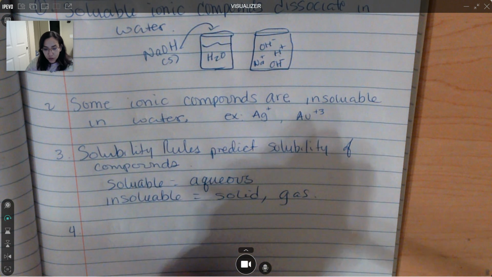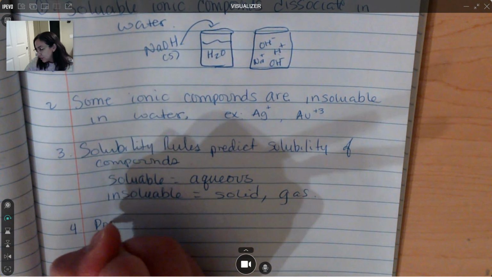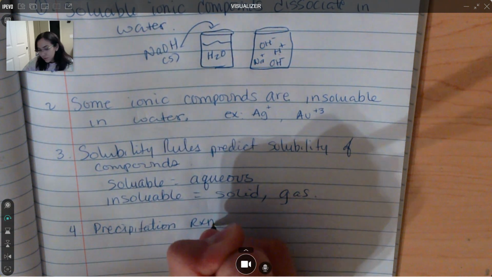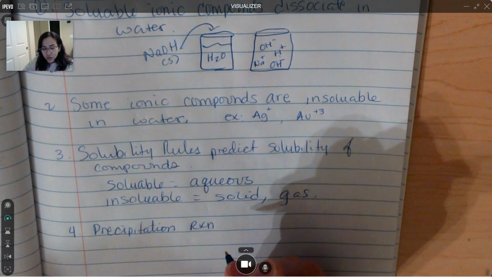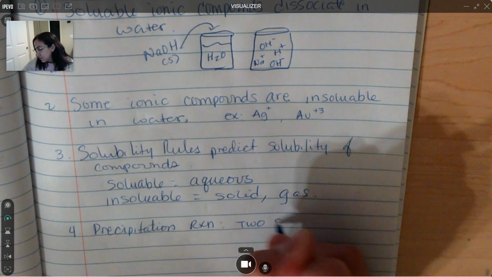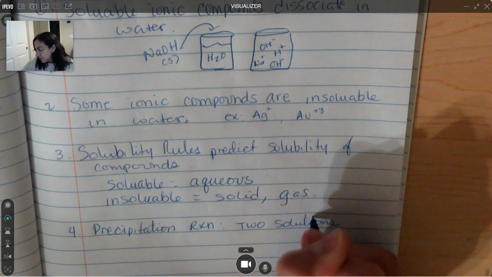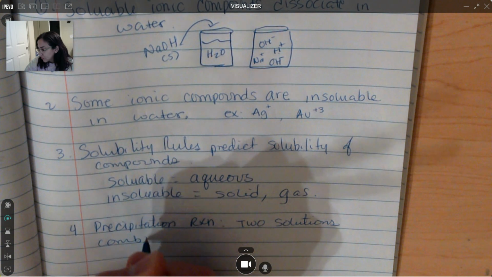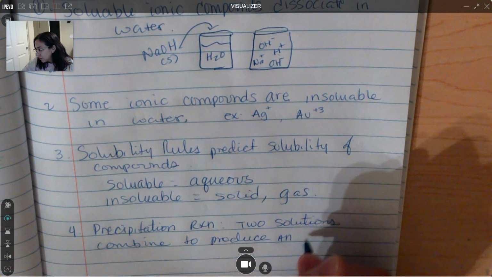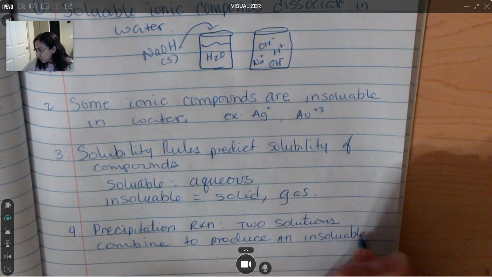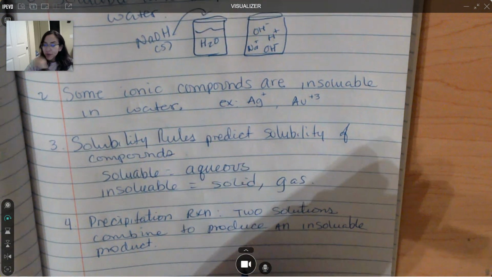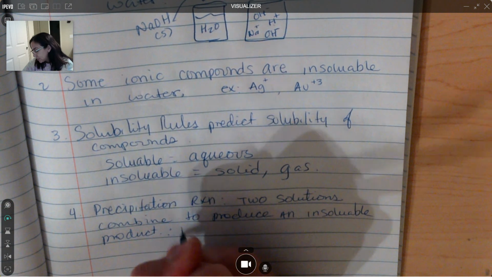Number 4, precipitation reactions. You have two solutions combined to produce an insoluble product. Most of the precipitation reactions will be double replacement reactions.